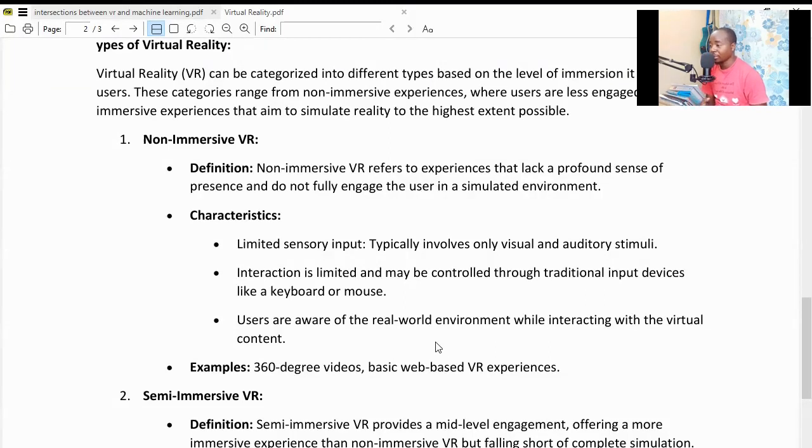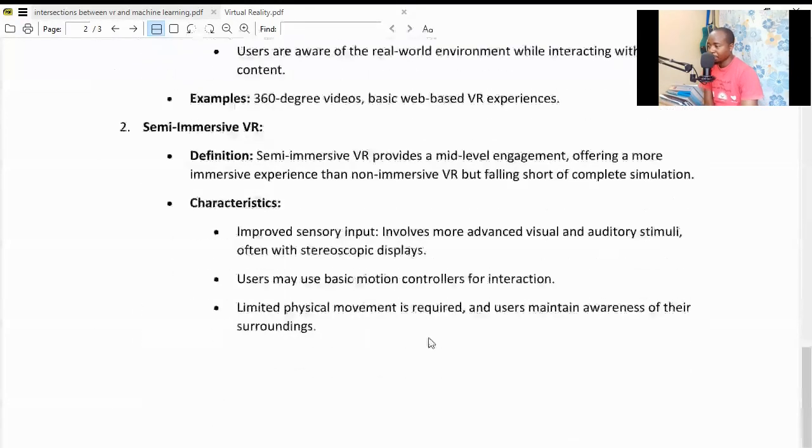Now, interaction is limited and may be controlled through traditional input devices like a mouse and keyboard. Users are aware of the real world environment while interacting with the virtual reality. So, examples are 360 degrees videos, basic web based virtual reality experiences like the games people play at times.